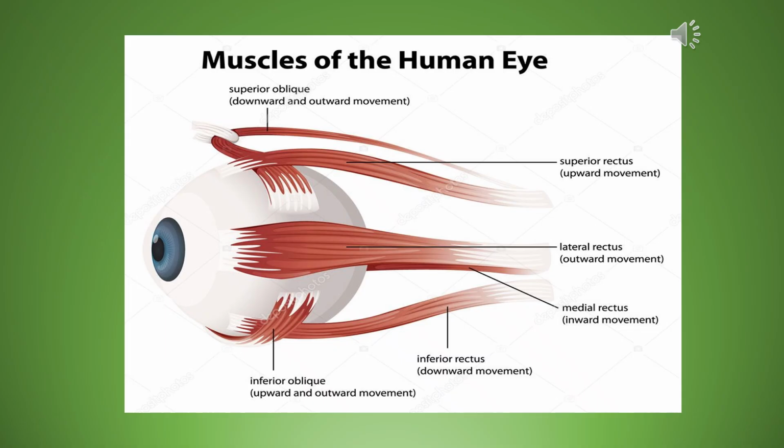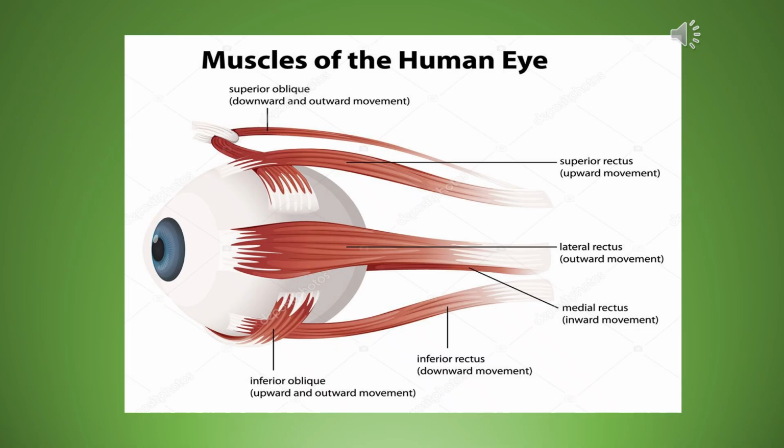Then we have two, the superior oblique, which will move the eyeball down and out. The inferior oblique moves the eyeball up and out. So oblique means at an angle, rectus means straight. So let's talk about innervations.